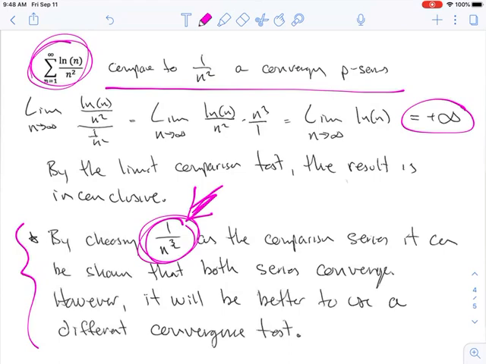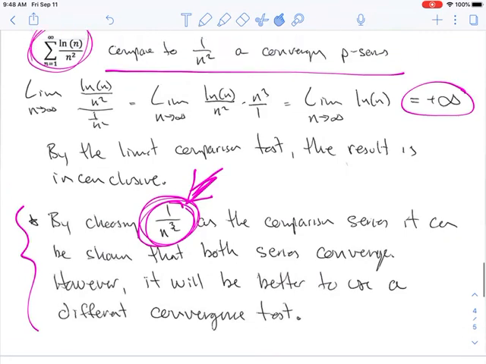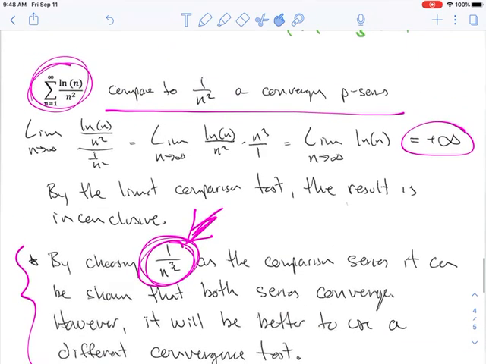However, you are going to learn other more useful types of tests to do in this case, so that you don't have to be trying comparison series after comparison series, because they can get a little bit confusing. But if you want to, I urge you to try doing this. You've got some space down here that you can do it in, and see what happens with that.